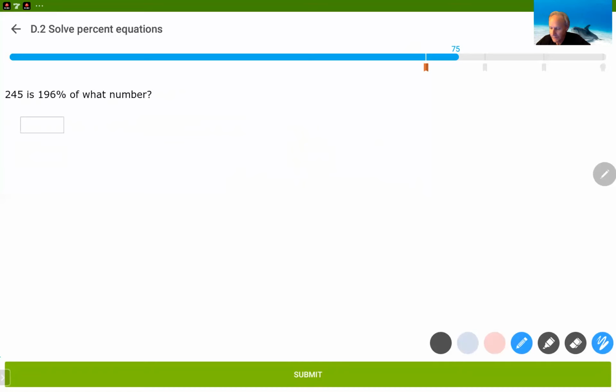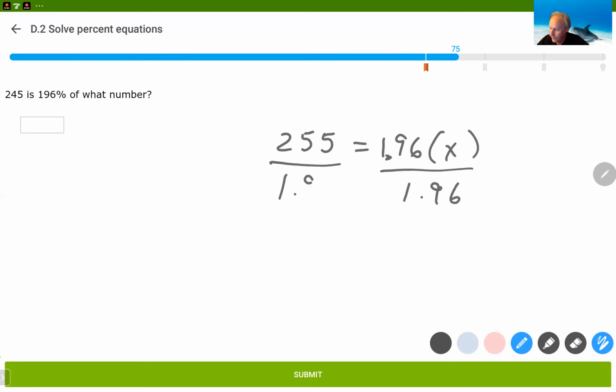Ooh, this one looks like a tough one. 245 is 196% of what number, x. Notice the decimal goes right there. So you're dividing by 1.96.